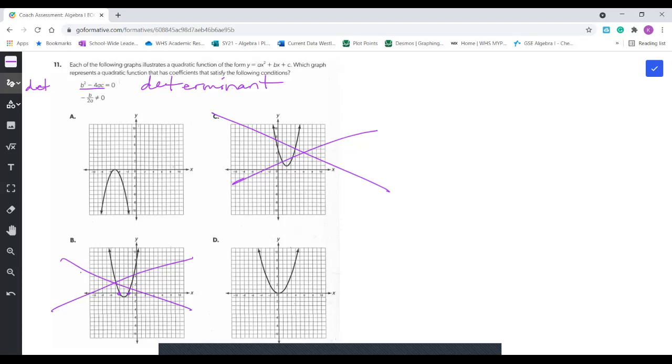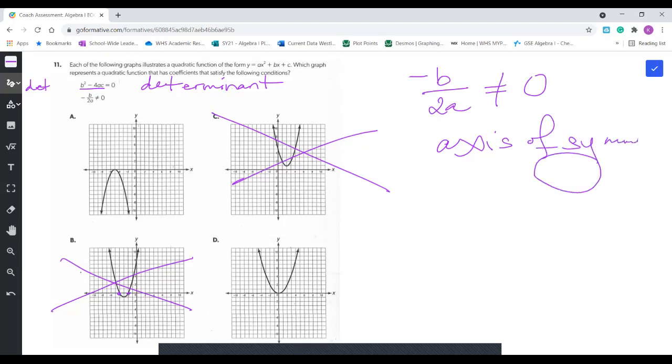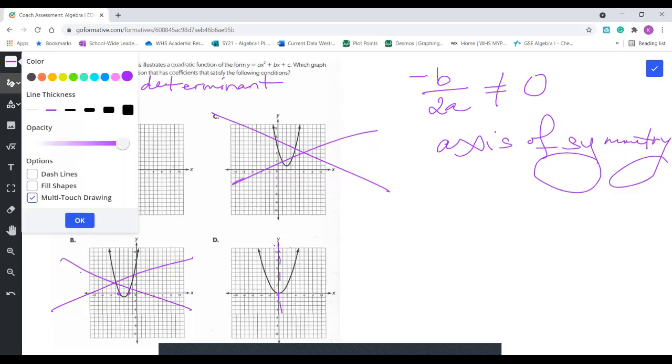Well, they give us some more information. They said that negative b over 2a is not equal to 0. That value represents my axis of symmetry, right? And they're telling me it's not 0. Well, look at this one. Here's my axis of symmetry right here, going straight down.